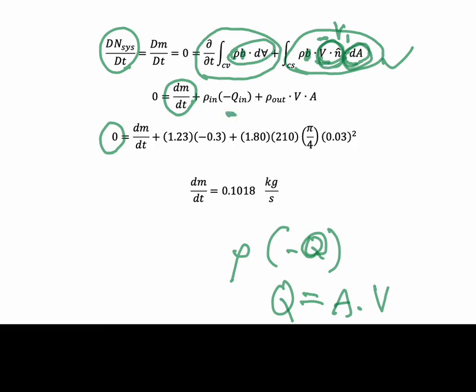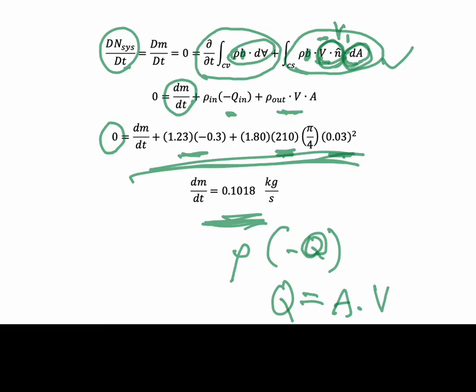Then we substitute the value. For the second one it is rho AV. We know the area for the outlet, and we know the speed at the outlet. If you solve this equation, you will get dm/dt is 0.1018 kilogram per second.